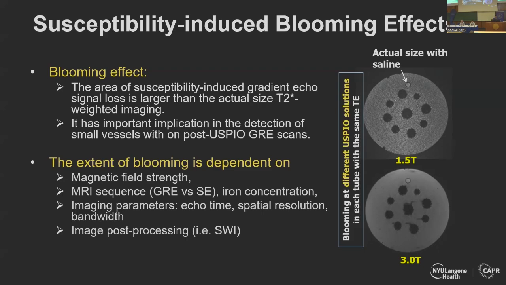Of course, the degree of the blooming effect depends on multiple factors, including the magnetic field strength, the MRA sequence you use, either gradient echo versus spin echo, the iron concentration, and imaging parameters such as echo time and spatial resolution, and also the method you use to process the image, such as SWI.